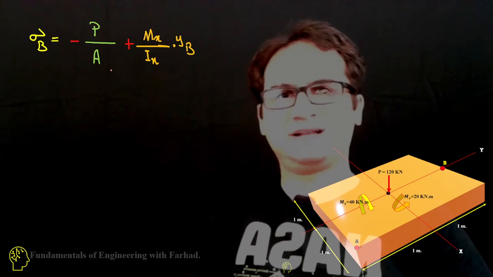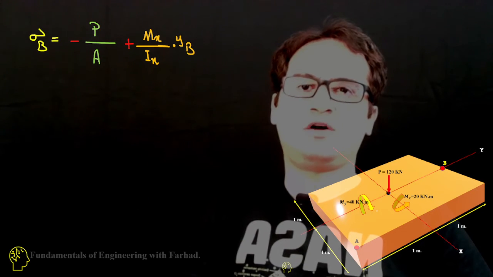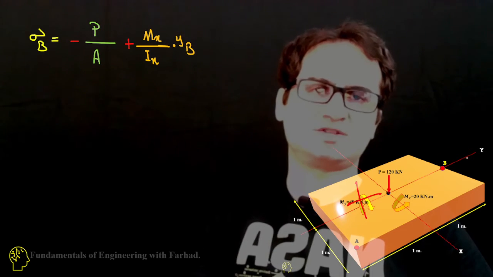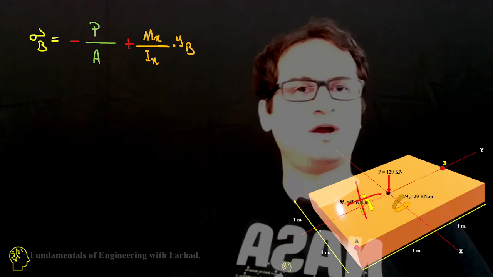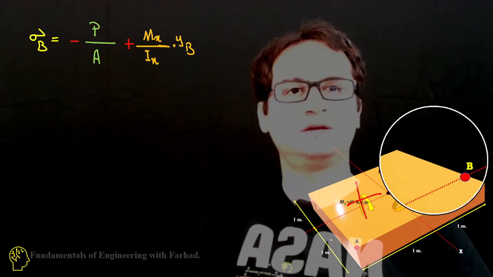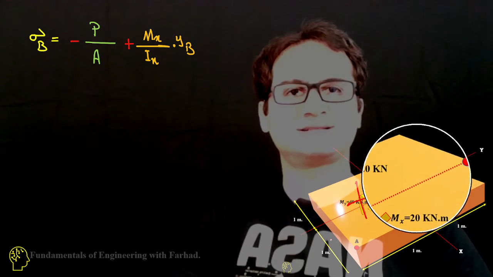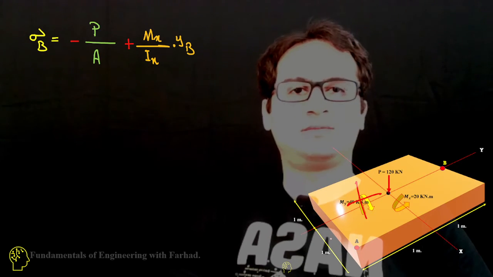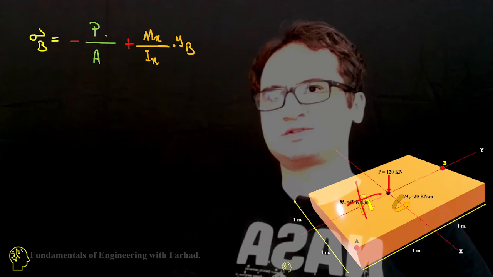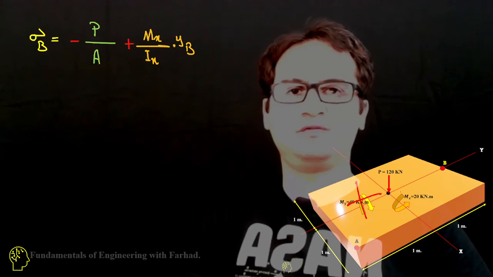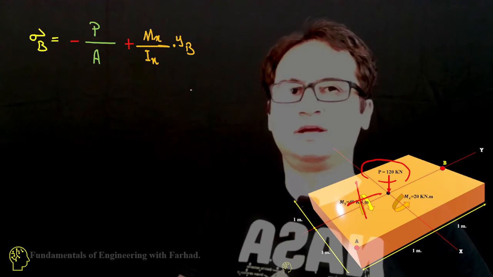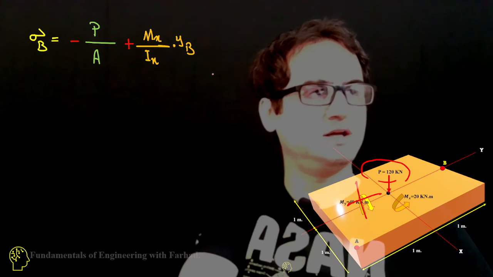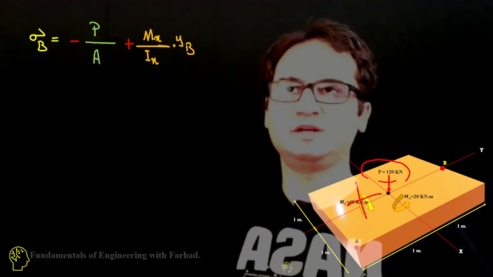Let's see what happens at point B. My does not create any moment about point B because it just passes through the y-axis. But Mx does. Again, we experience a push from the 120 for the entire area under the foundation.